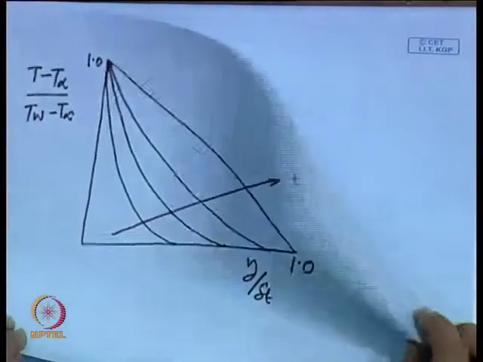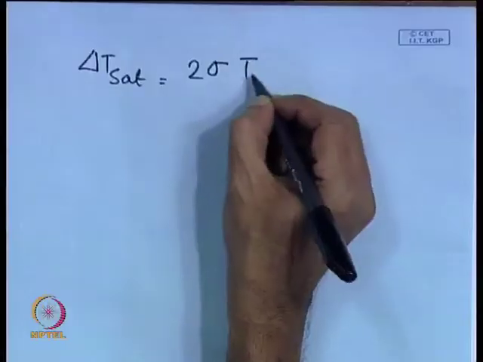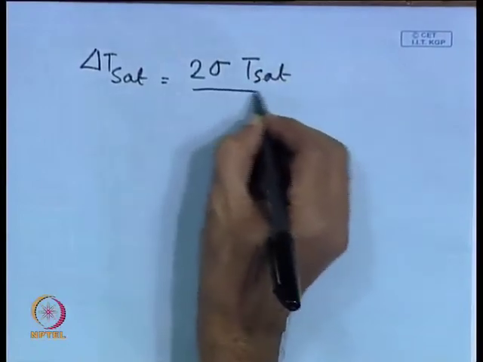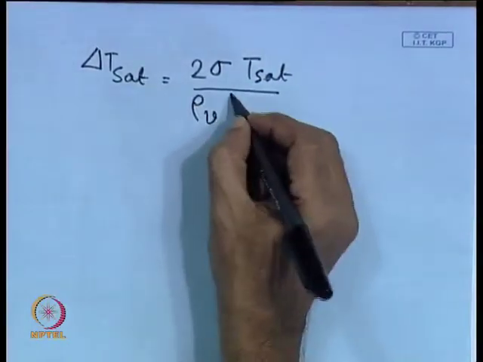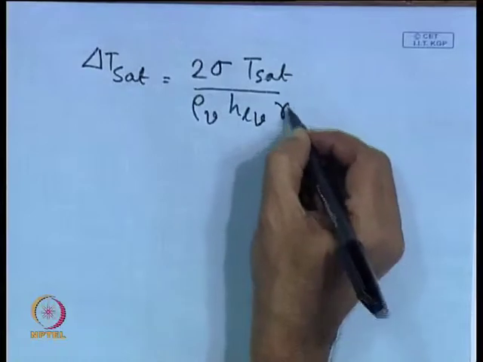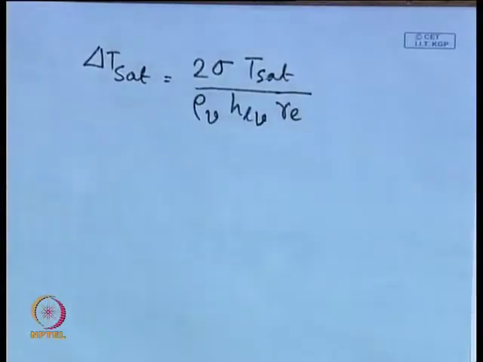Now, we are already familiar with this particular form of equation, that delta T sat is equal to 2 sigma T sat by rho v h L v R e, where R e is the radius of the vapor embryo.